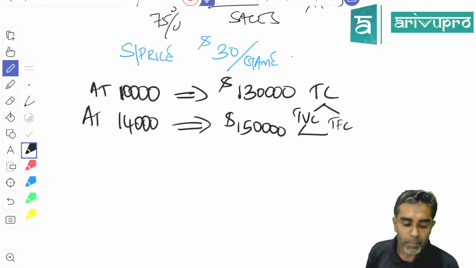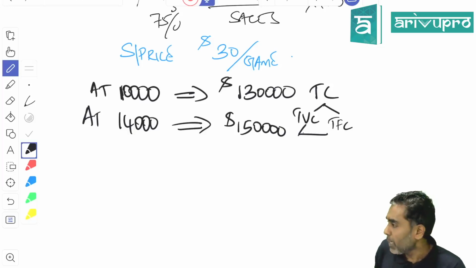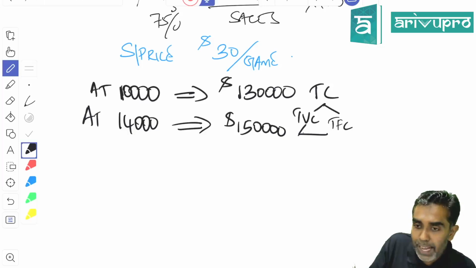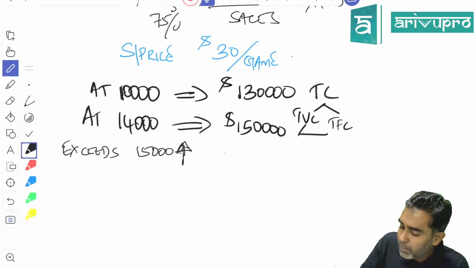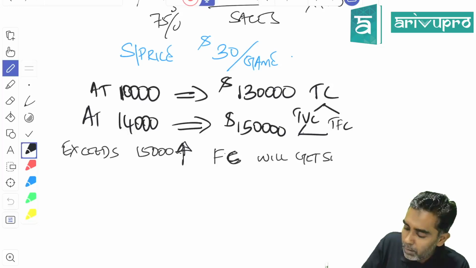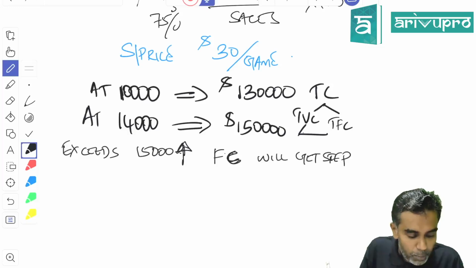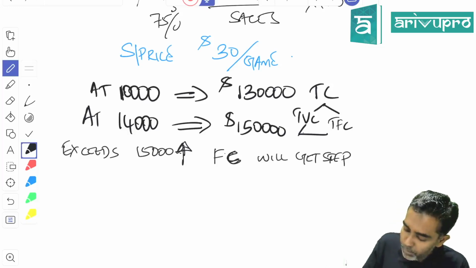What they say: if volume exceeds 15,000 units, your fixed cost will step up by how many percentage? 50%.